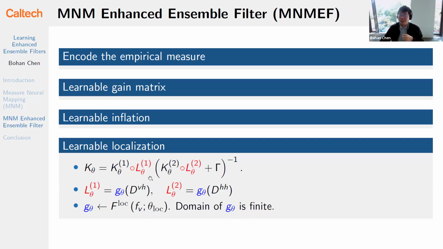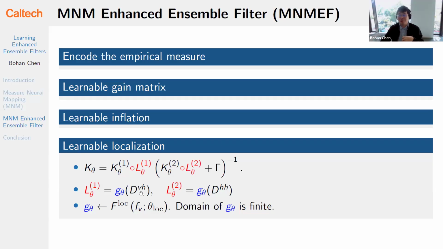And in the classic setting of localization, people just use some given distance-to-weight function, we call it G here, to map the spatial distance to some decaying weights between 0 and 1 to reduce the correlation between faraway points.